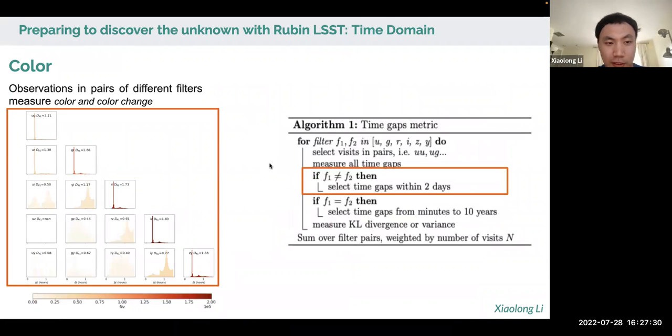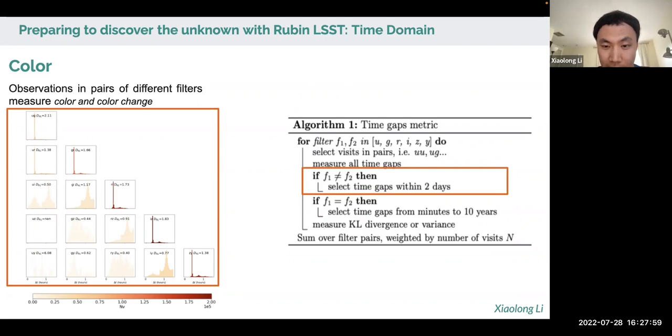And for the color, our algorithm goes as follows. For colors, we consider the observations in pairs of different filters. For different filters, we measure all possible time gaps between each filter and select time gaps within 2 days as a reliable measurement of the color.